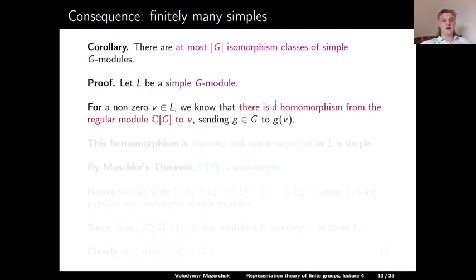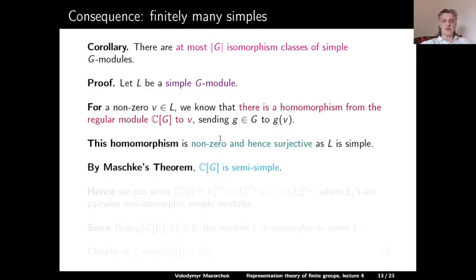For a non-zero vector v in L, we know that there is a homomorphism from the regular module CG to L, sending the element g in G to gv. So this homomorphism is non-zero, and hence is surjective because L is simple.